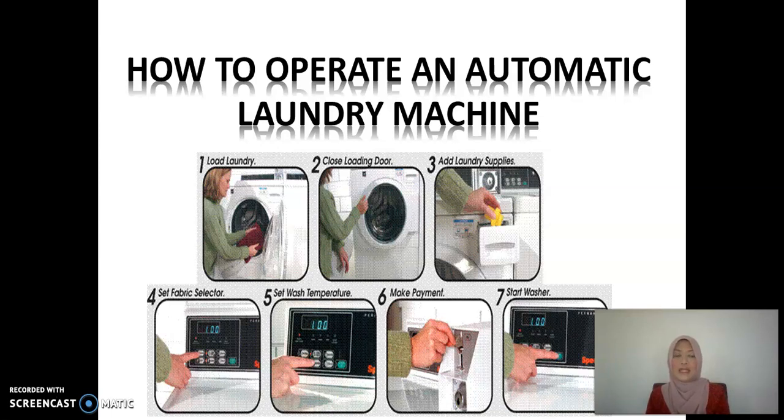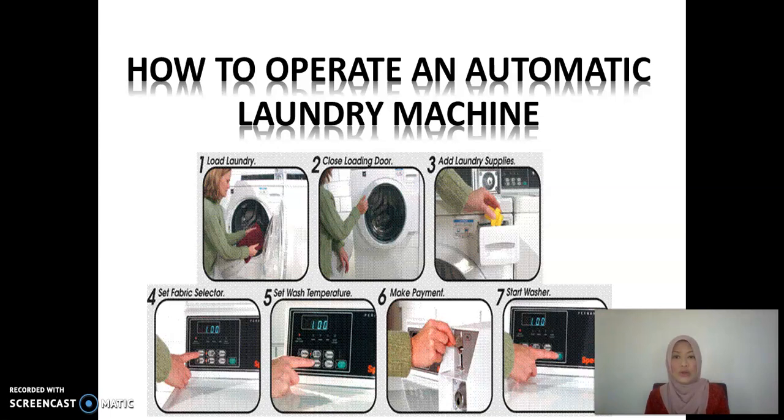So basically, there are step-by-step instructions on how to operate an automatic laundry machine so that any user can operate it by themselves. They can utilize it independently.